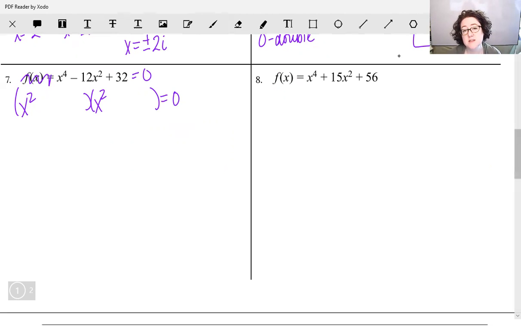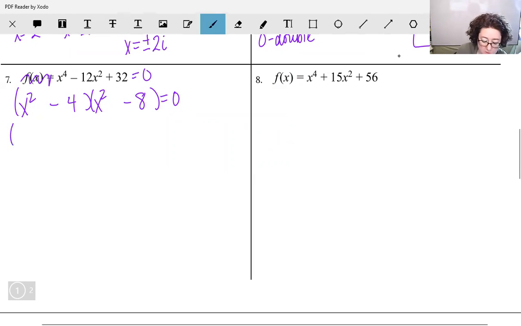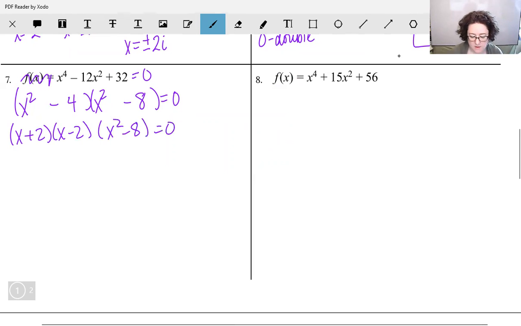And so the 2 values that I can multiply, both negative, to make 32 would be a negative 4 and a negative 8. That'll get me my positive 32. And then I'm noticing, wait a second, x squared minus 4. Well, I can factor that even further if I want at this stage. So that's an x plus 2 and an x minus 2. And then we still have our x squared minus 8. So now none of our factors can go any further.